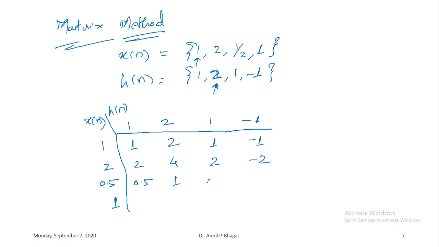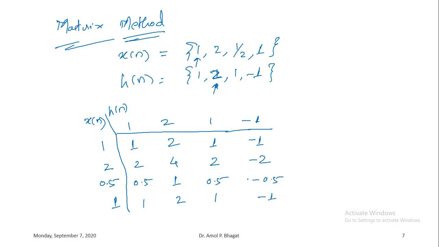Then again 0.5, then 0.5 multiplied by -1 will be -0.5. Similarly 1 multiplied by 1, 2, 1, -1. So this is the required matrix.